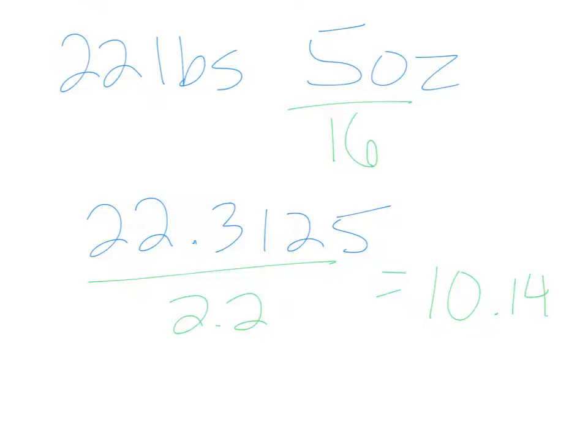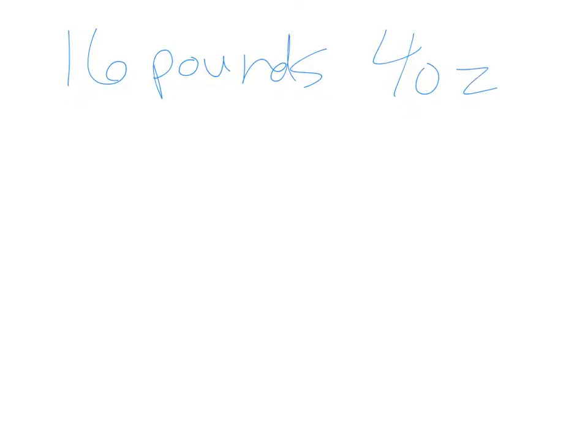I'm just doing a couple more to make sure we feel pretty comfortable with this. Like in number three, I have a patient who is 16 pounds, 4 ounces. Again, let's briefly look at that 4 ounces out of the total of 16. We know he's going to be 16 point something, because that's the full amount of pounds here. That's where the number in front of the decimal comes from. But 16 point what?